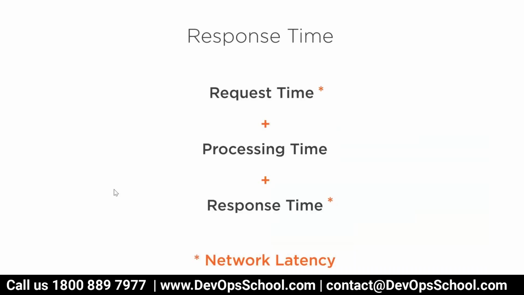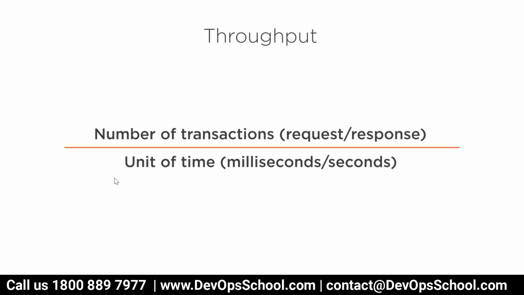Response time is nothing but the request time which you make from the browser, and then the processing time which happens in the web server or app server, and then the response time from the web server, including the network latency and stuff like that. Everything coming together is called response time.